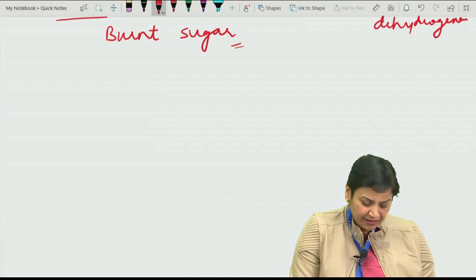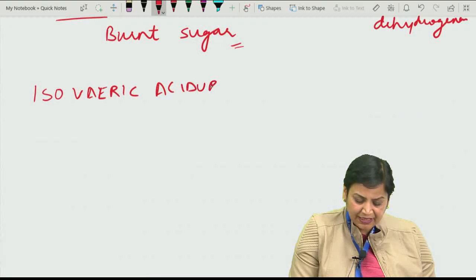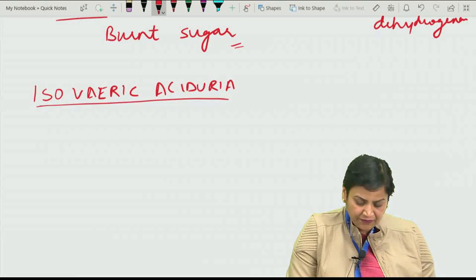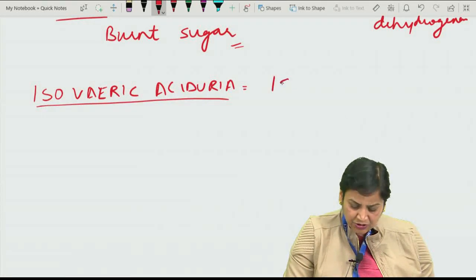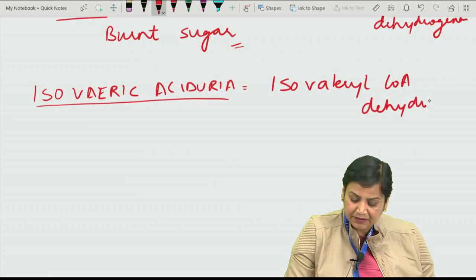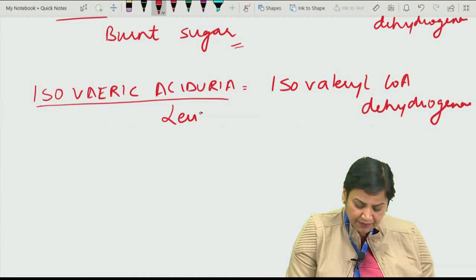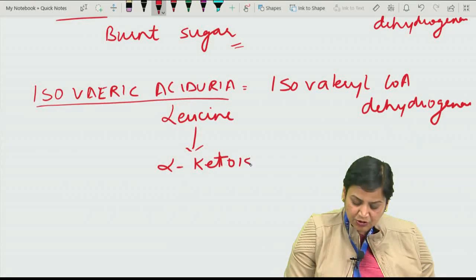Another is isovaleric aciduria. This isovaleric aciduria is mainly due to the deficiency of isovaleryl coenzyme A dehydrogenase. Here basically what happens is, leucine, which is a potent ketogenic amino acid, is degraded to form alpha keto isocaproic acid.